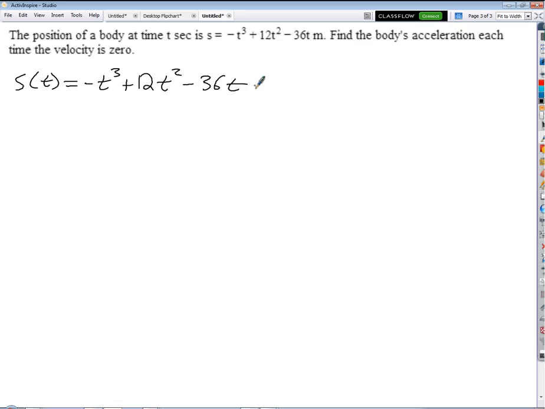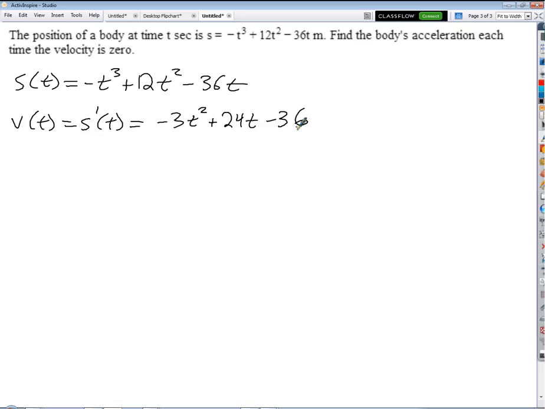Okay, so how am I going to find velocity? How is velocity related to position? Derivative. Good. So v of t is just s prime of t, which is negative 3t squared plus 24t. When you're doing a problem like this, it makes sense analytically to write down the functions you're going to use.